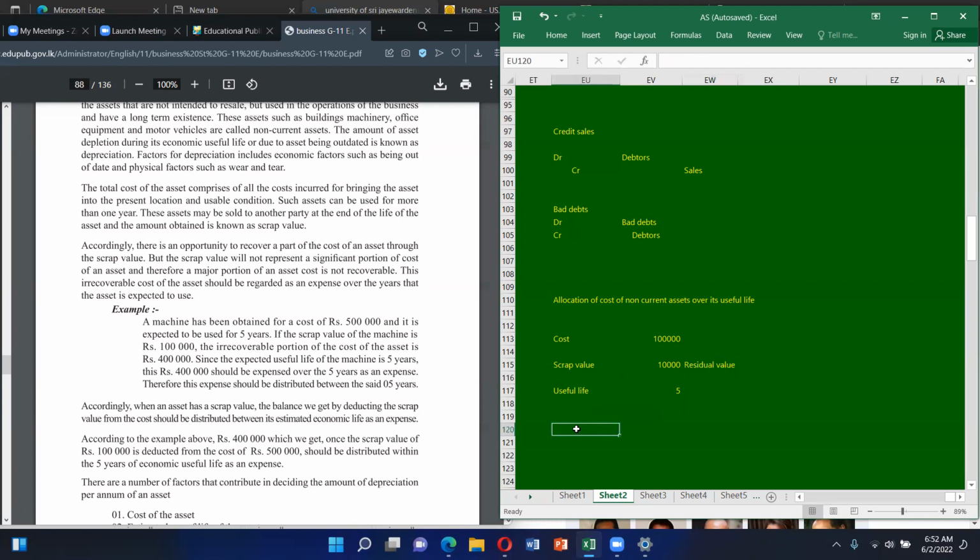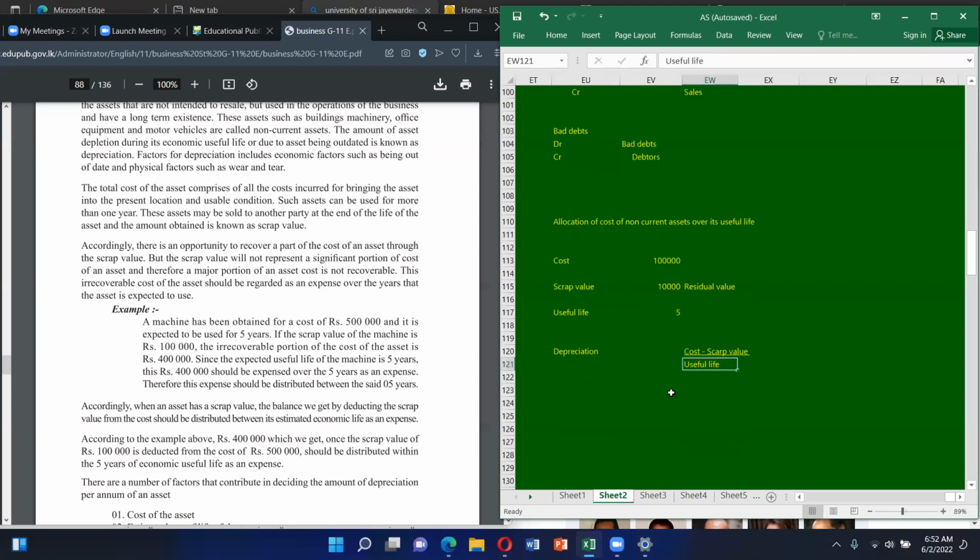Now you need to calculate the depreciation. So write it down. Depreciation equals the formula: cost minus scrap value, divided by useful life.